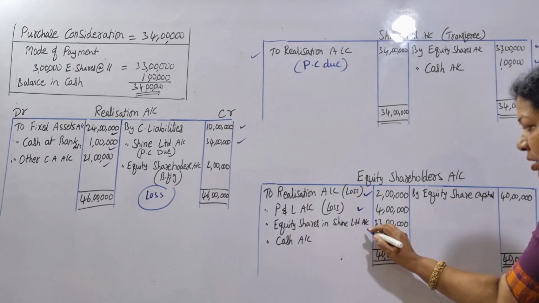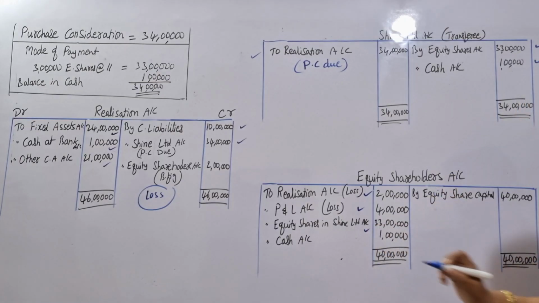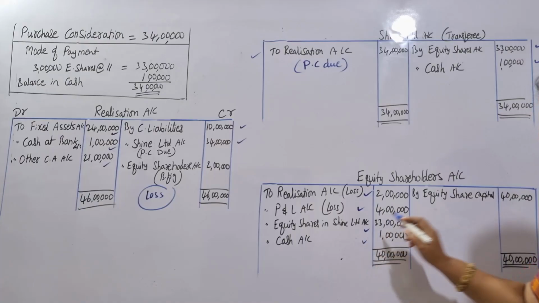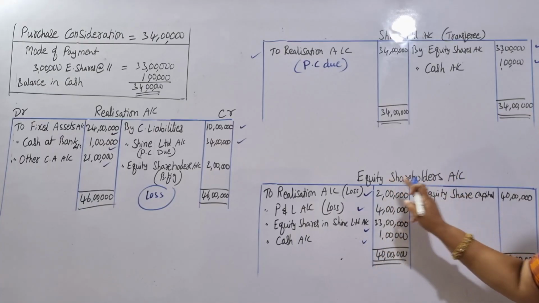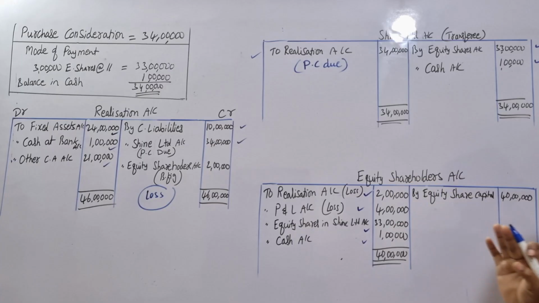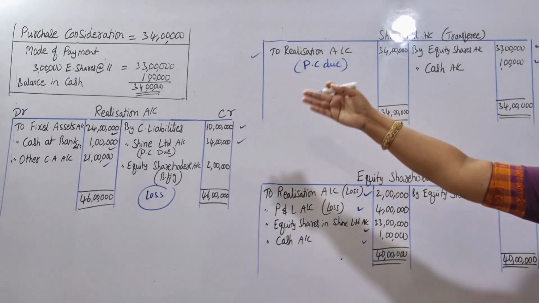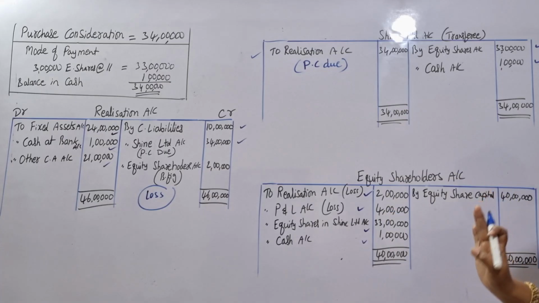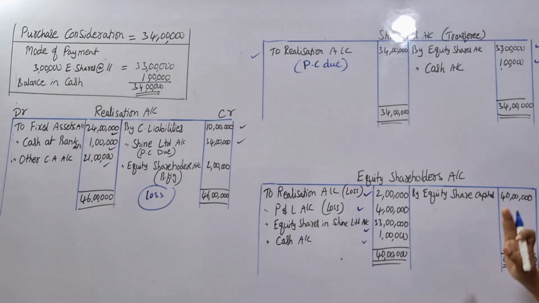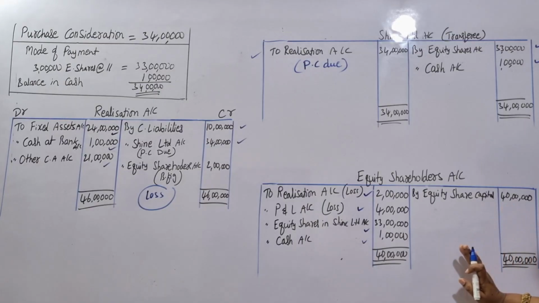Through the shares, and the rest, 1 lakh, as cash. Mode of payment, the same one, 33 lakh and 1 lakh. 5 entries we got.